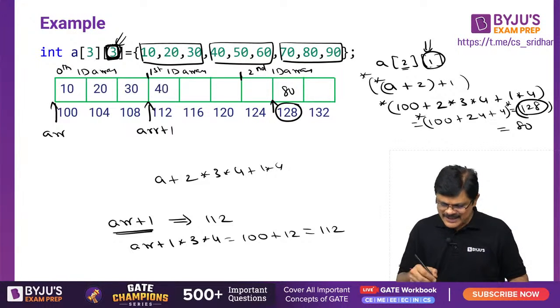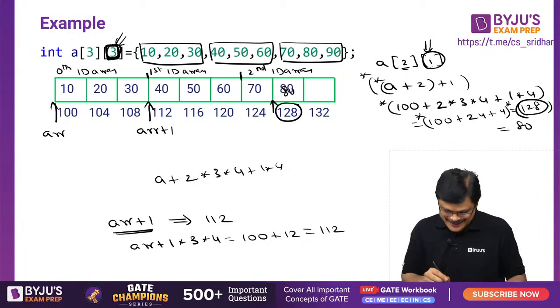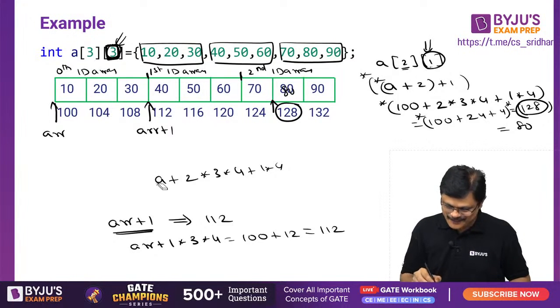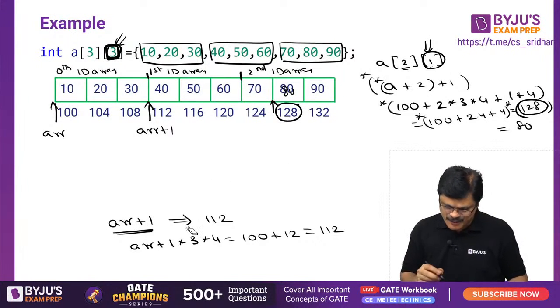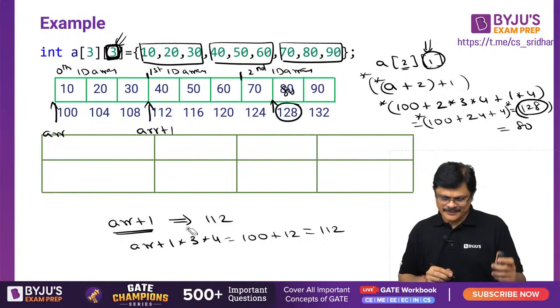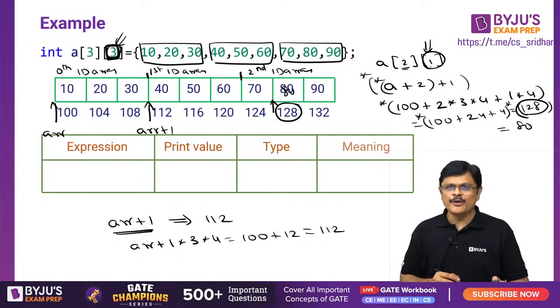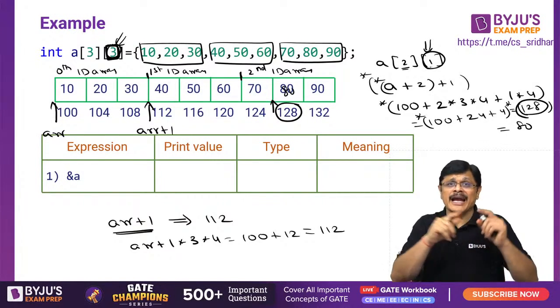See, actually I planned something else and I created something else in this slide. Yeah. Anyhow, let us see whether it is possible in this. Look here. Expression, print value, type and meaning. Ampersand A means what? I already told you, ampersand A means the address of the entire 2D array.